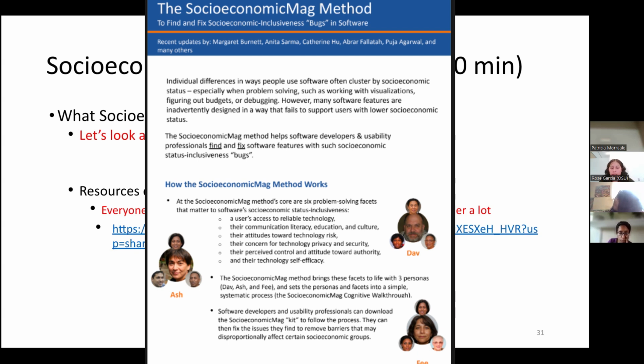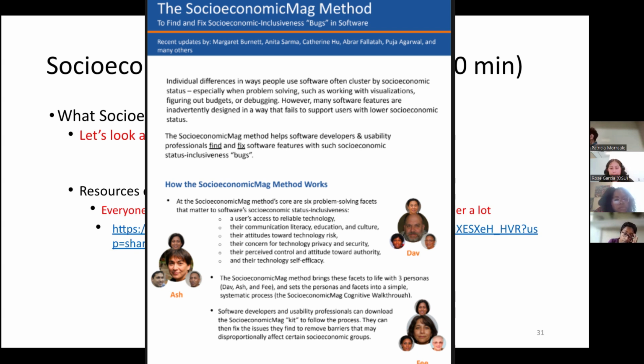Anyway, okay. So those of you who are familiar with Gender Mag, this will sound very familiar. Those of you who are not, welcome to the world of mags and inclusive design. So this is all about individual differences in the ways people use software, think about problems.